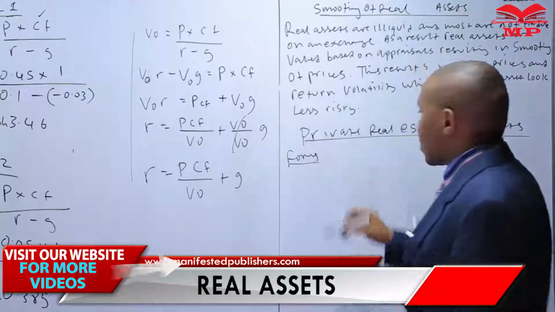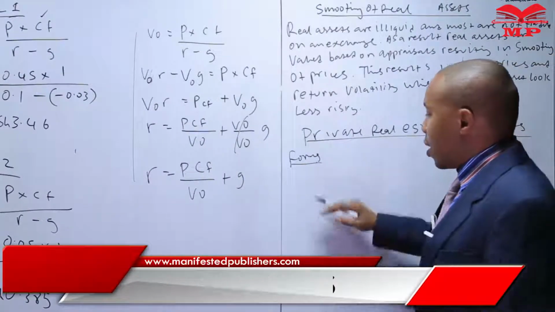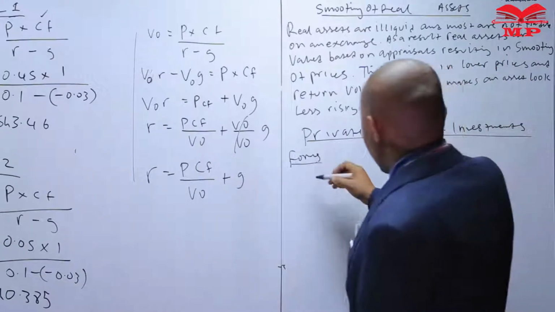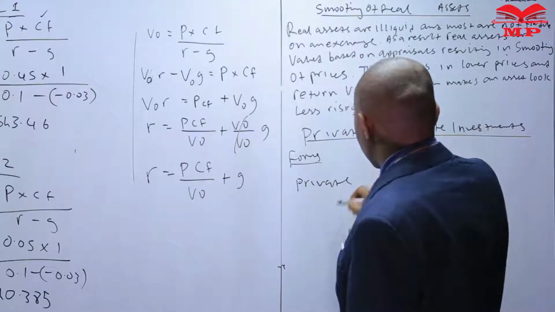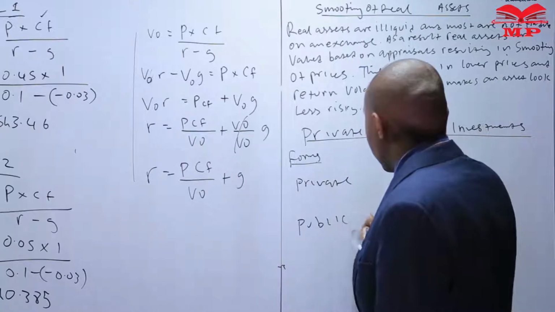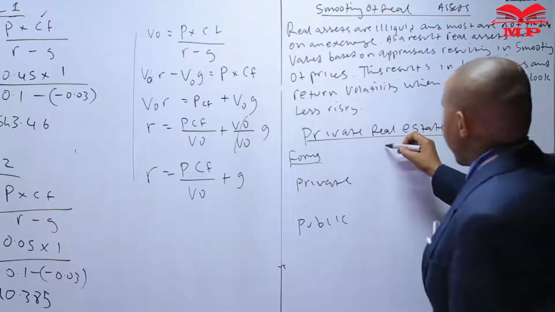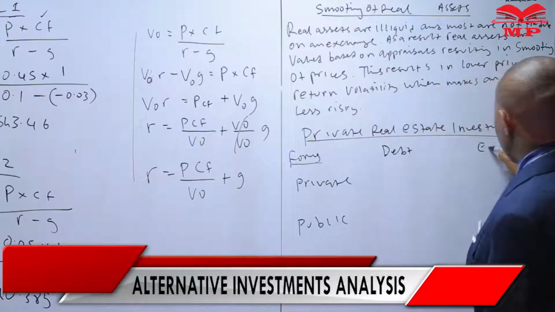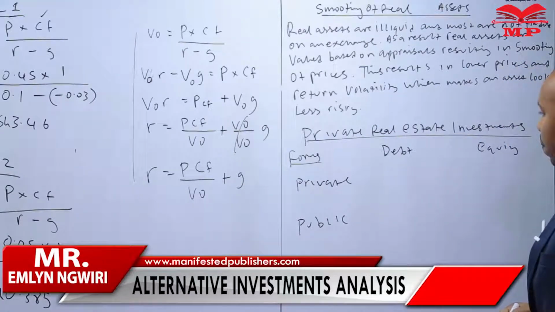The best way to describe the forms of private real estate investment can be drawn in a two-dimensional quadrant, where we have private and public on the first dimension, and debt and equity on the other dimension.